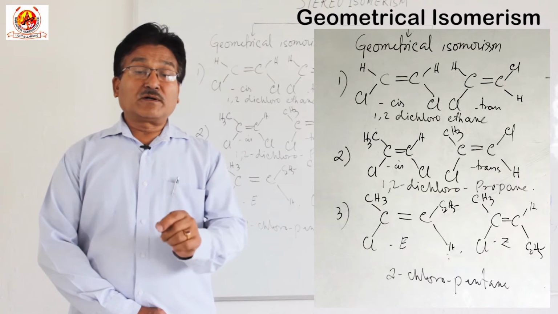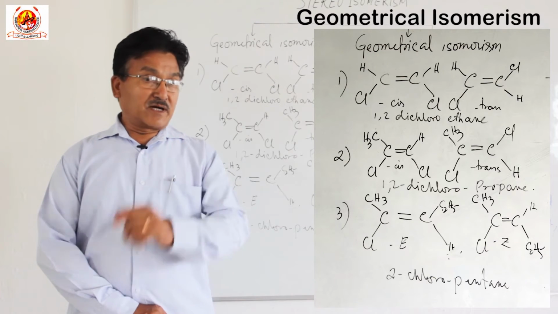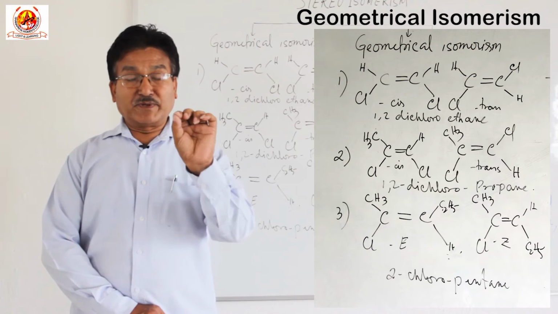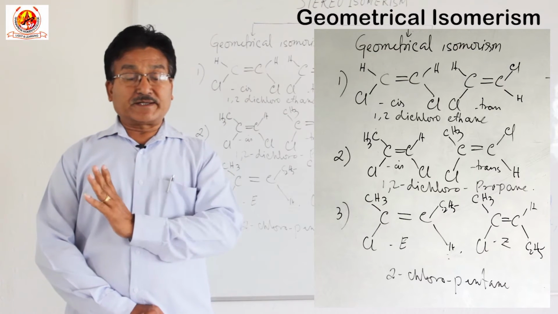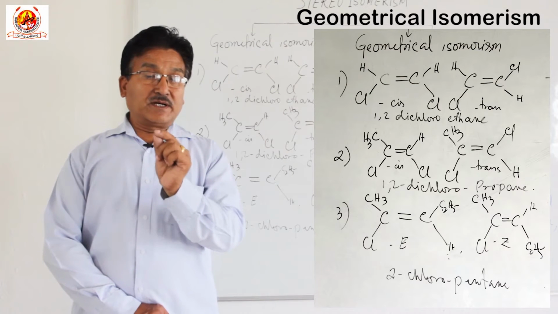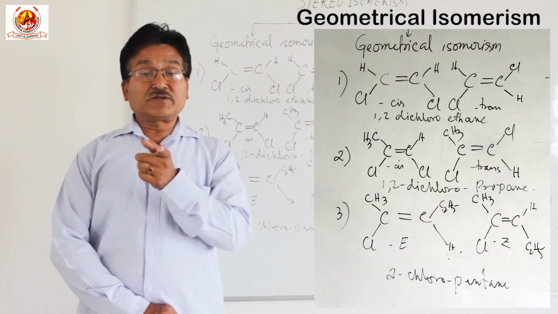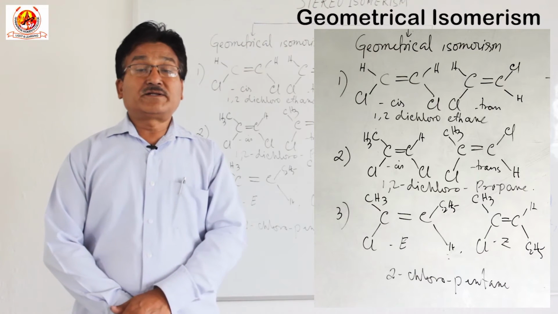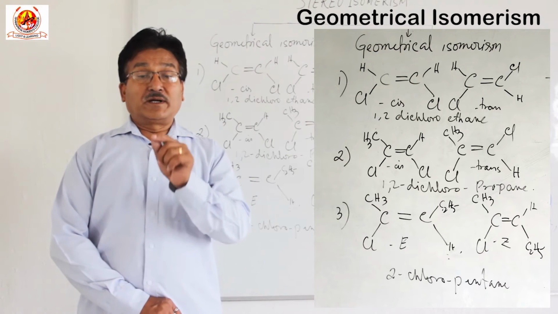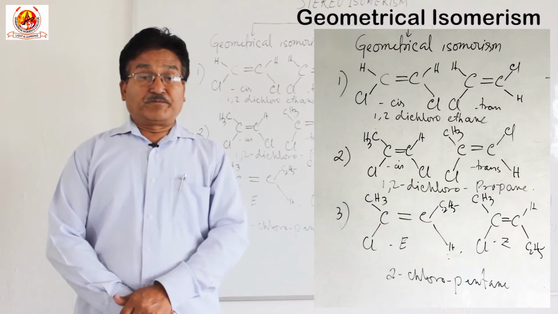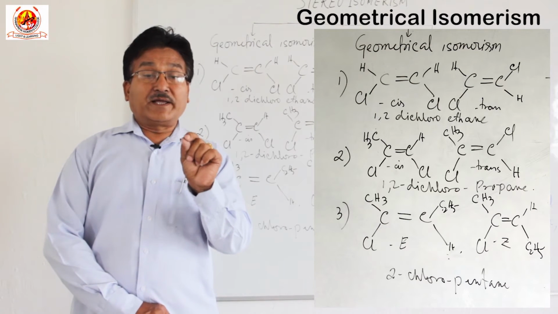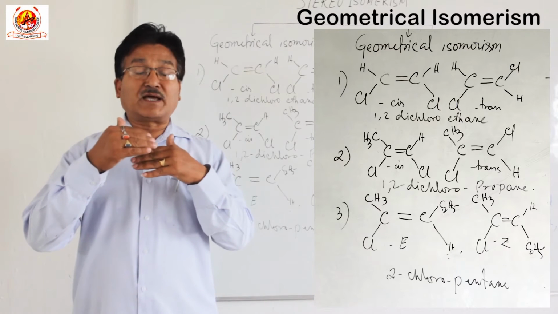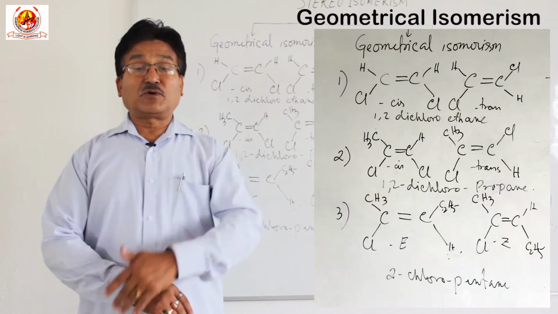Chlorine has a higher atomic number than carbon, so it is labeled 1, and the methyl group is 2. On the right side, hydrogen has the lower atomic number and C2H5 has carbon, which is higher. Then the higher atomic number groups are on opposite sides of the double bond axis.